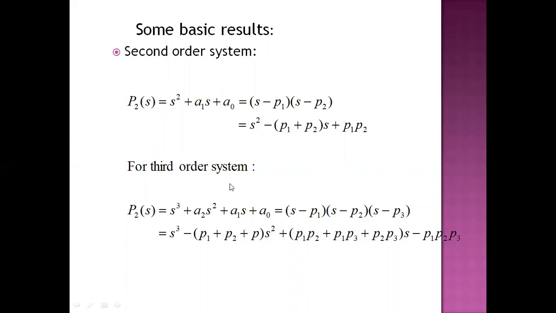Suppose we consider a third order system, so there are three poles, P1, P2, P3. These three poles are located in the left half of the S plane, so the system is stable. If you have the characteristic equation or characteristic polynomial, you can find the stability of the system by locating the poles in the S plane.